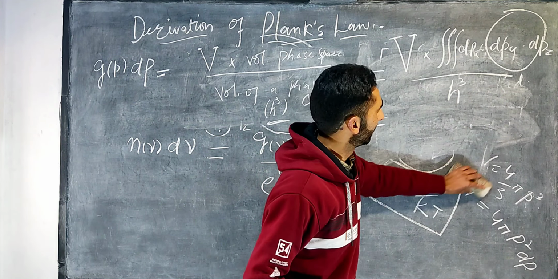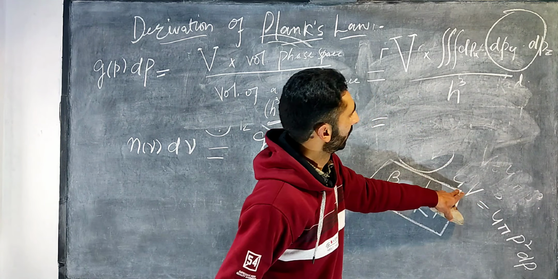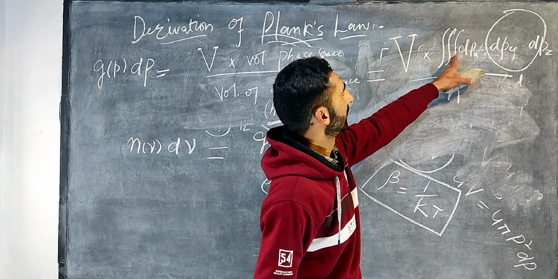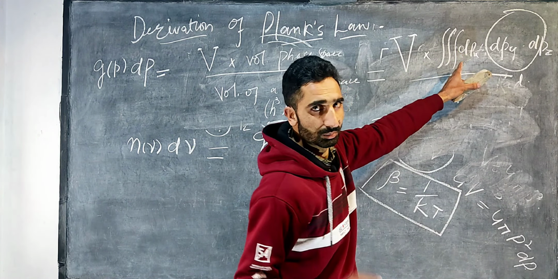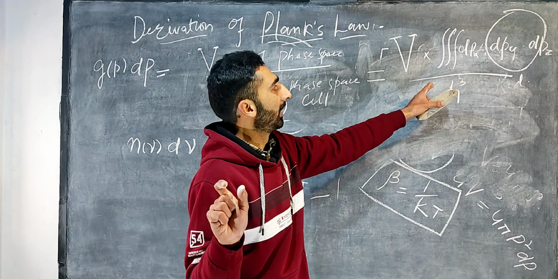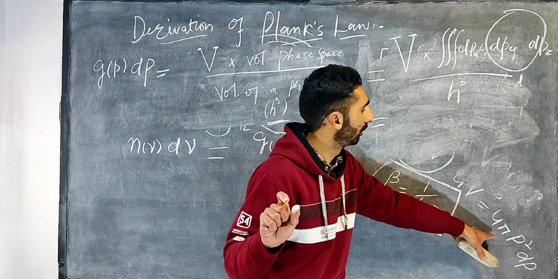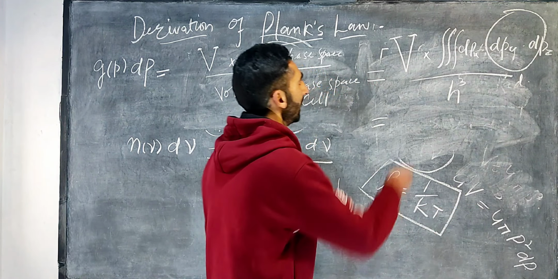So using this, we will get dV, the volume of that specific phase space, as 4 pi p squared dp divided by this.